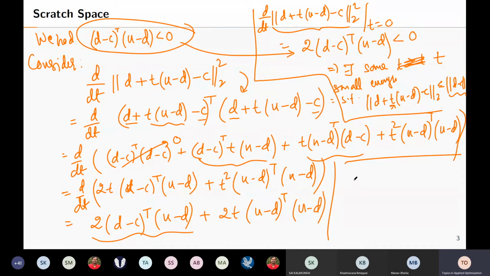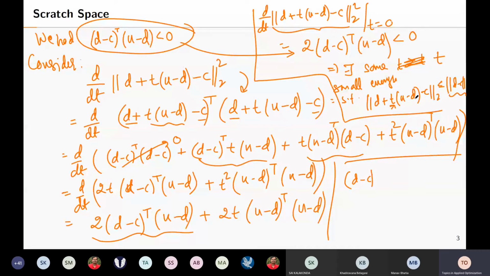Remember that you are at d minus c, and the function you have is the norm. You start at d minus c, and for a slight perturbation around this point, for t small enough, the function is going to decrease. Okay, so if that is the case, then this is what we have.